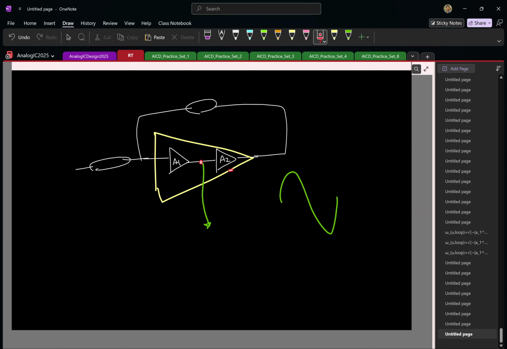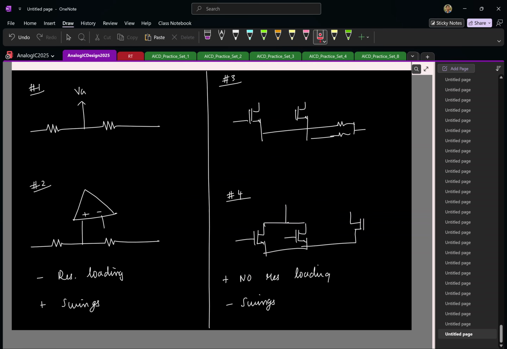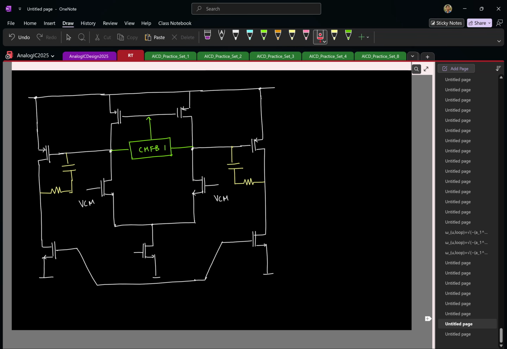The output here will be A2 times smaller than the output here. So swings at the output of the first stage will not be really large. We expect that the swings will not be so much. So which means you can actually use either of these. So here that's why a preferred choice is to use CMFB1, use variants 3 or 4.